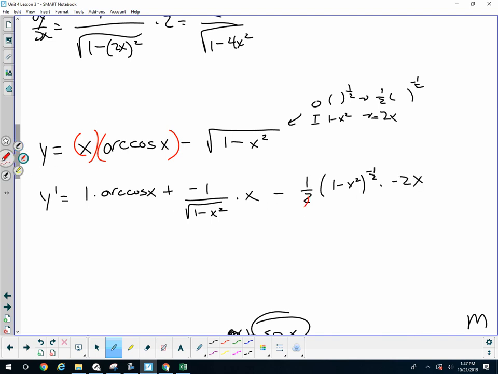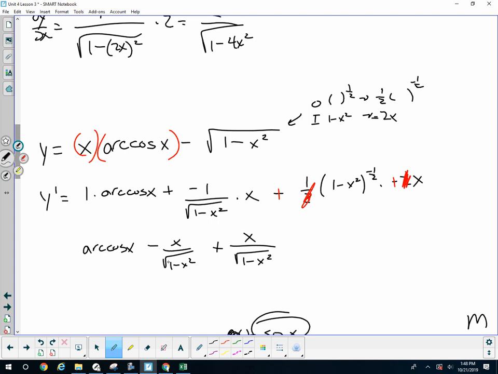So the 1/2 cancels with the 2. A negative and that negative x turn into a positive. And let's see what I got. Arc cos x minus x over root 1 minus x squared plus x over root 1 minus x squared.